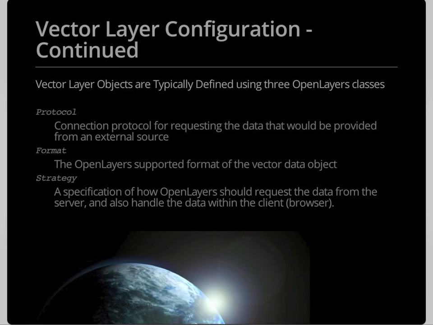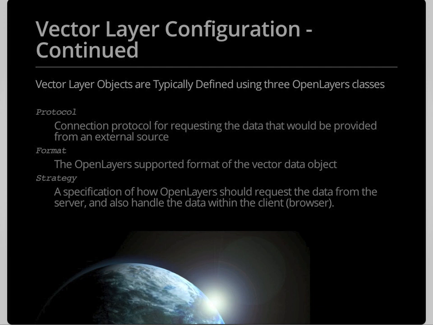When you're creating a vector layer, they're typically defined using a combination of three classes. The first being a protocol, which defines the web protocol or other protocol that will be used to request the data that will come from an external source.